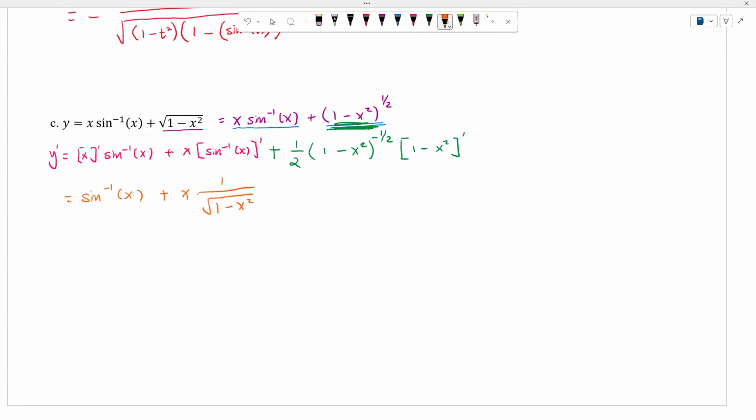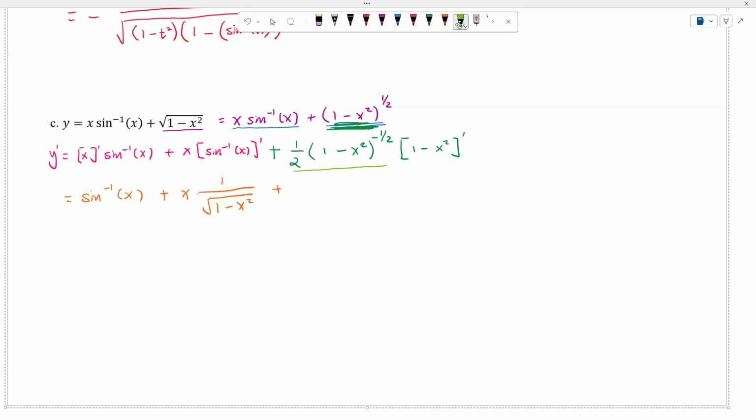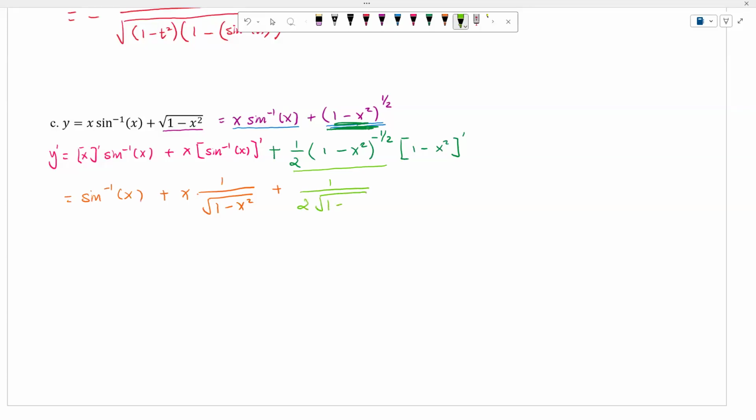And then we would like to add this one. Let me use a different color. This is 1 over 2 times square root of 1 minus x squared, multiplied by negative 2x. So I have sine inverse of x plus x over square root of 1 minus x squared.